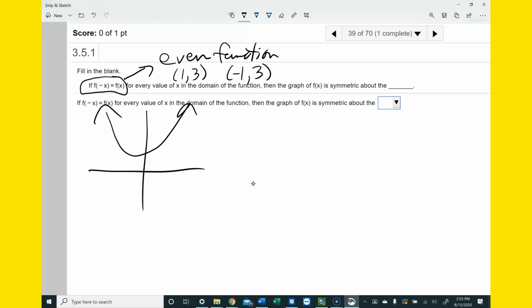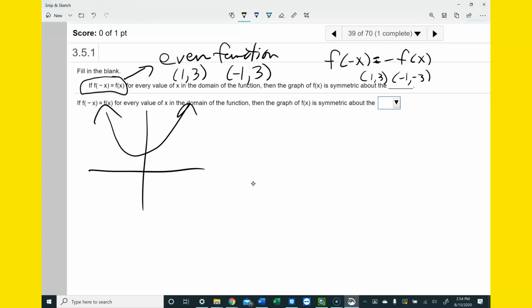Odd functions are like this. f of negative x equals negative f of x. So that means if you plugged in 1, 3, if you plugged in negative 1, you get negative 3. So whatever you plug in, if you plug in the opposite of that number, you get the opposite output.